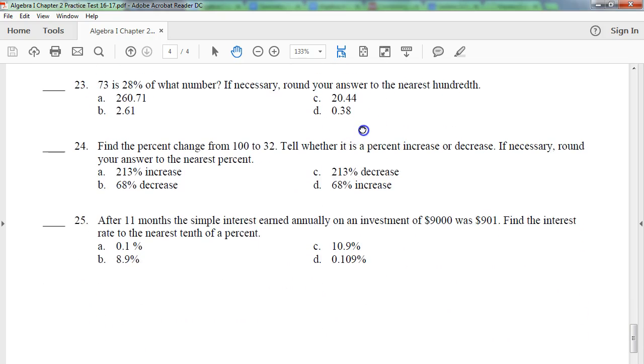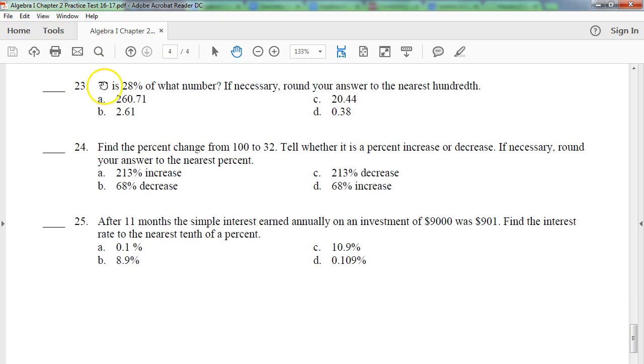Number 23 says 73 is 28% of what number? So when we're looking at percents, we can think of them in terms of part over whole, and that equals percent over 100.